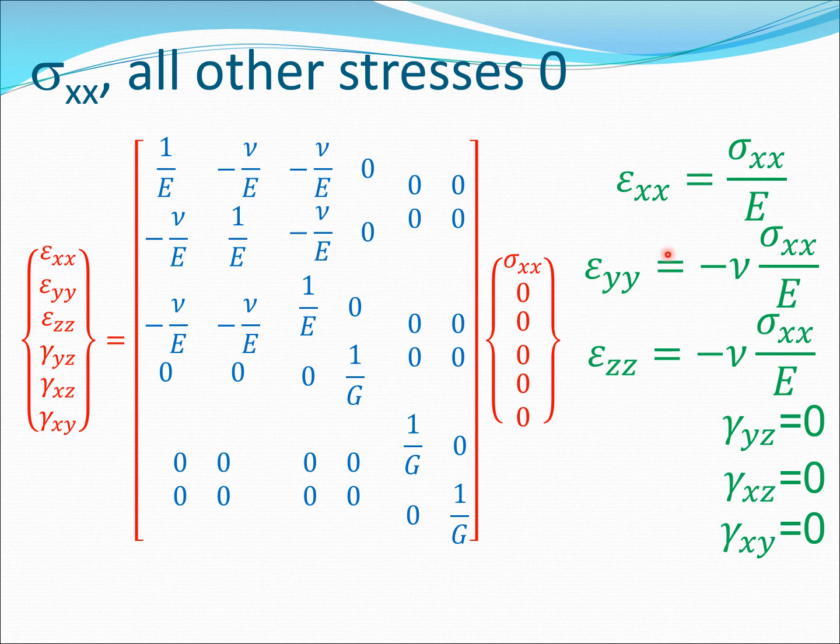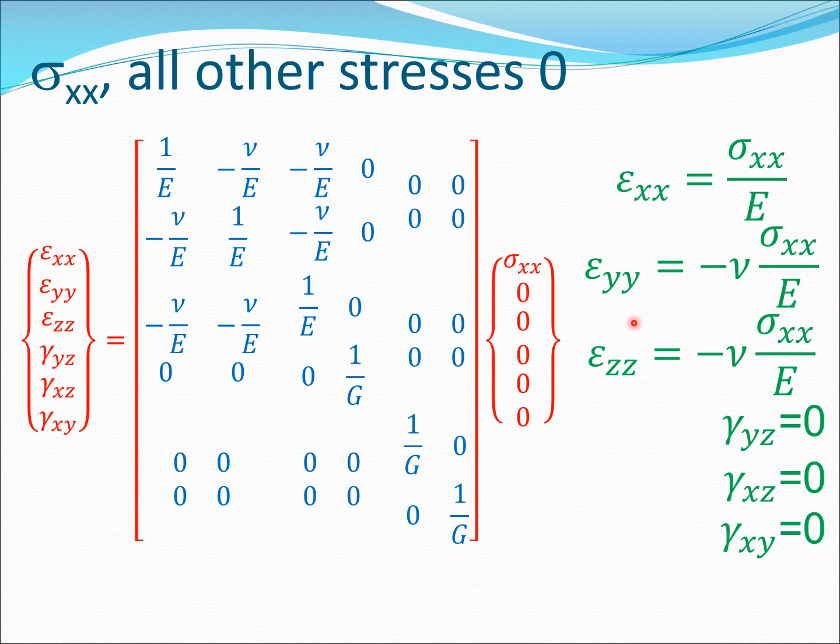Similarly, once you have calculated the value of E, you can very easily calculate the value of Poisson ratio from this equation here, because you know E, you know sigma xx, that is simply F divided by A, the force divided by the area of the cross section, and you have measured epsilon yy. Then you can calculate Poisson ratio.